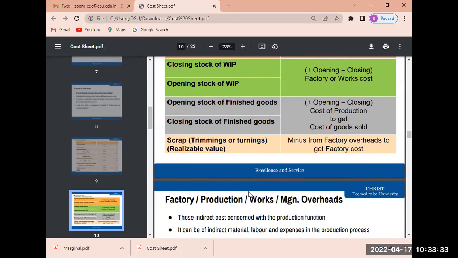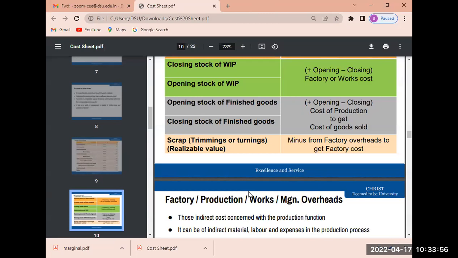Then if there is any scrap, it means what? You are producing some 1 lakh units. At one stage, you find out 1,000 units are not up to the mark. If you further process them, it will affect the sales. It will affect the customer. So we are trying to eliminate that from the further process. Such units can be sold in the market as scrap.